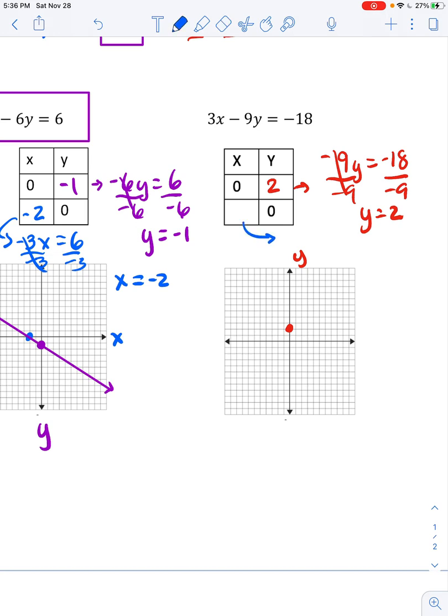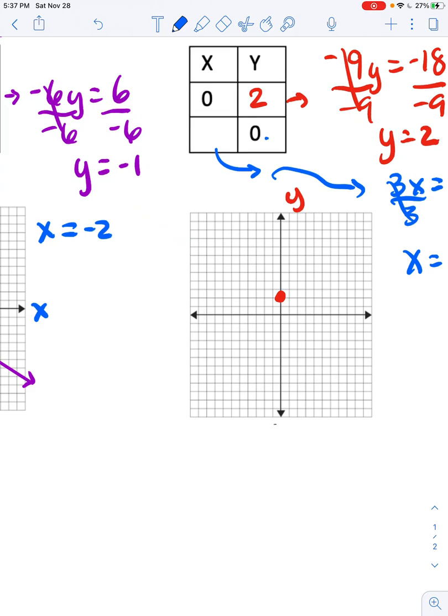And I'm going to do that by putting a 0 in for y, like it says right here. So that would eliminate this part because negative 9 times 0 would become nothing. So I'd be left with 3x equals negative 18. So when I divide by 3, x is negative 6. So I'm going to cross the x-axis, that's this one, at negative 1, 2, 3, 4, 5, 6.